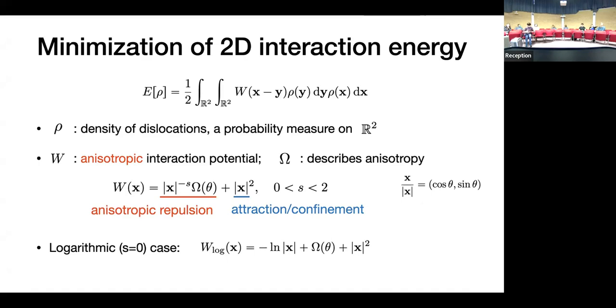So we take rho as a density function for the dislocations, which is in general a probability measure on R2. Those dislocations have pairwise interaction energy, and this interaction is described by some pairwise interaction potential W. If you compare this model with the typical pairwise interaction model in collective dynamics, the major difference is that here it's very natural to have an anisotropic interaction potential, which means that along different directions, the interaction energy behaves differently.